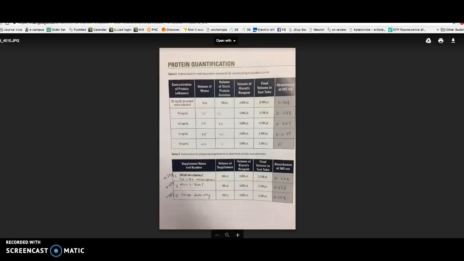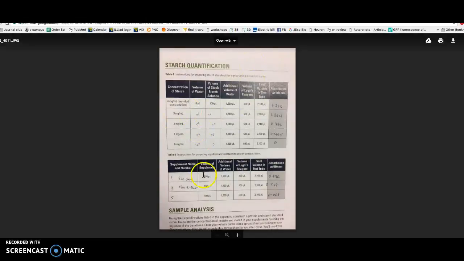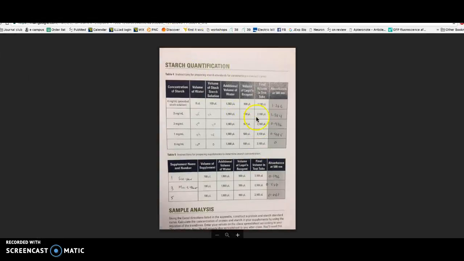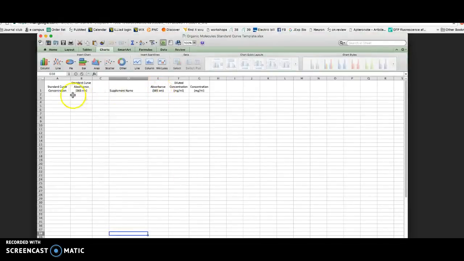I can show you the picture from my lab. You're going to plug in the concentration of starch in the first column, these values over there, and then obviously you plug in the absorbance you got here, right? Then you select this and plot a standard curve, put a trend line, and choose the option which says show the line equation, and that's how you get the line equation.